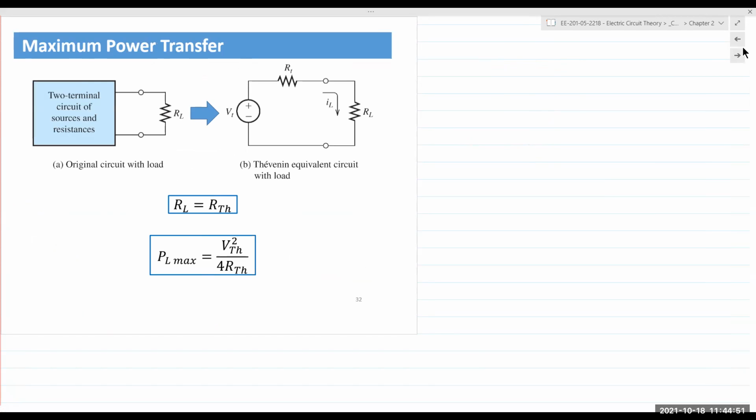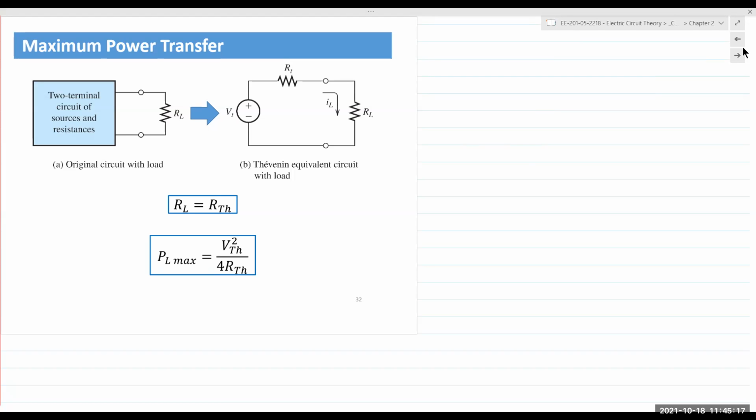Maximum power transfer theorem states that if you have a load RL connected to a circuit, and you want maximum power to be transferred from the circuit to the load, then the load should have a resistance that is equivalent to the Thevenin resistance of your driving circuit. Meaning the Thevenin resistance of this circuit, RTH, should be equal to the load resistance, RL.